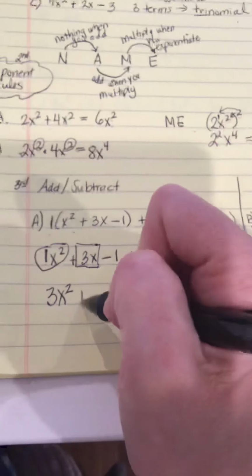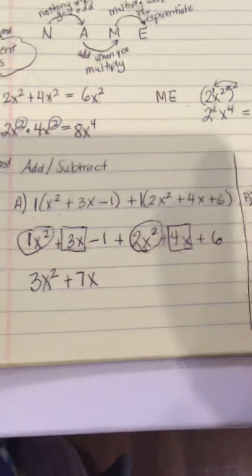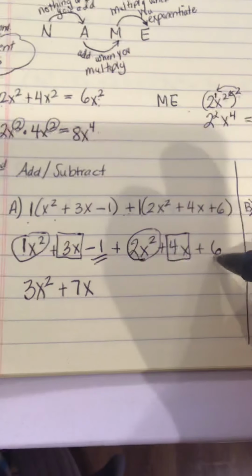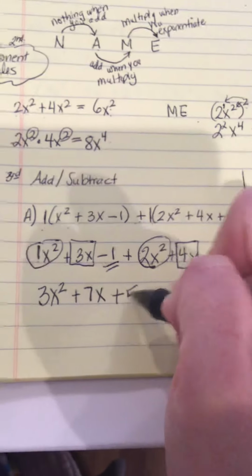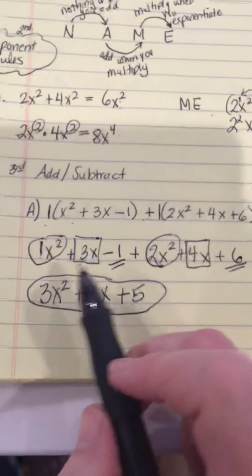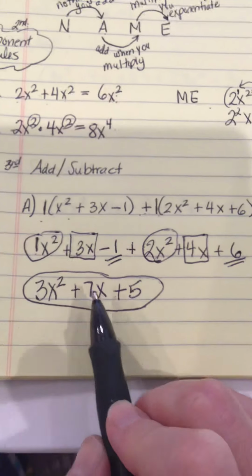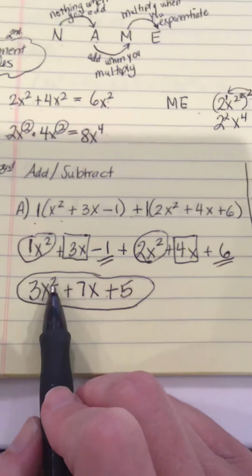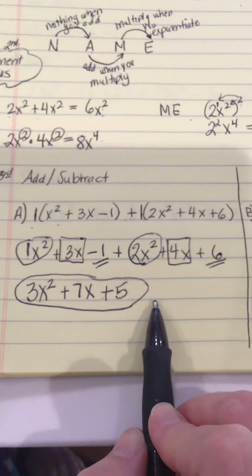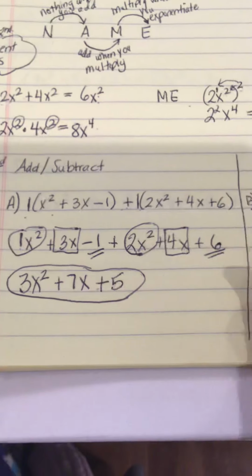And that would give me 7. Again, just leave it an x. Don't do anything to it. And then you have negative 1 and 6. That would be plus 5. Final answer. All right, you can't add these two. They're not the same term. Once they have different exponents like that, and this one doesn't have any, they're different terms. So you leave it alone.